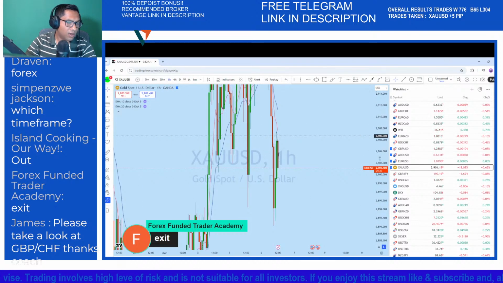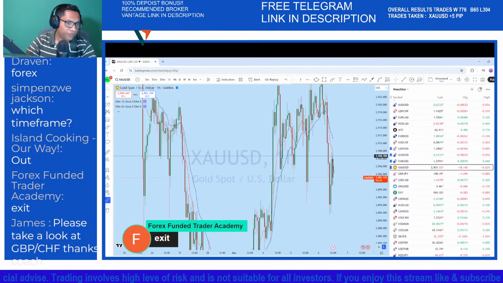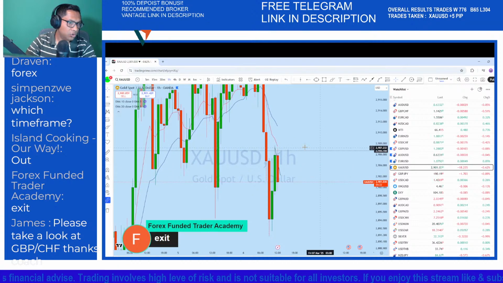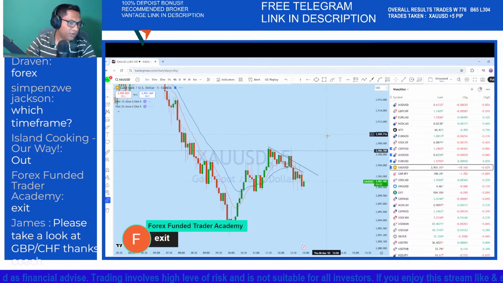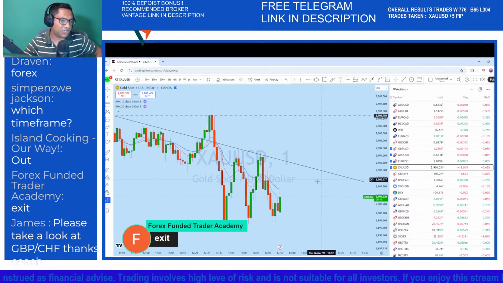From the 1-hour chart here on XAUSD, from this support, we can see the price slowly breaking to the upside here. So you can see that from the 1-minute chart here, this is a 1-minute price action.